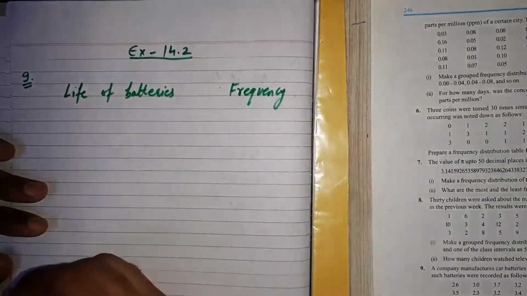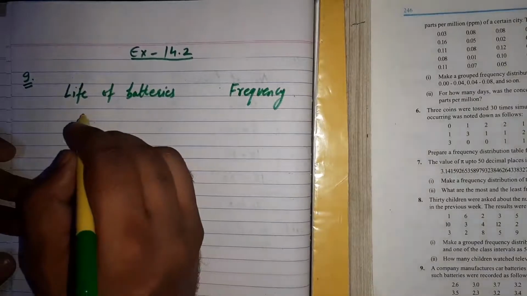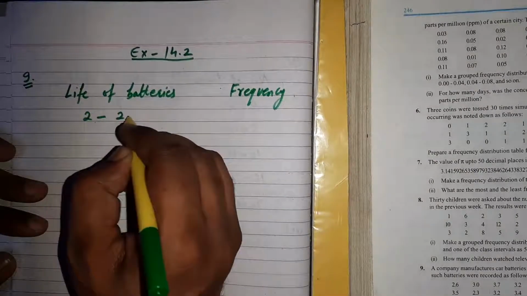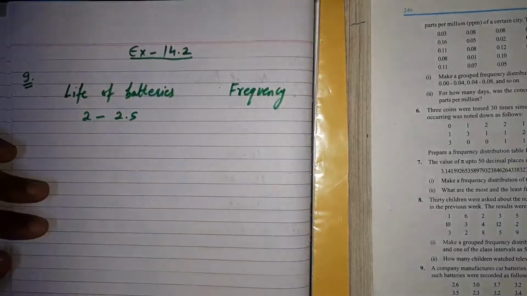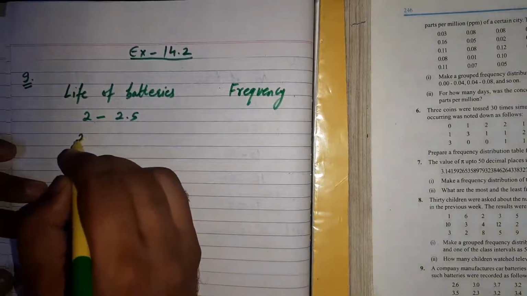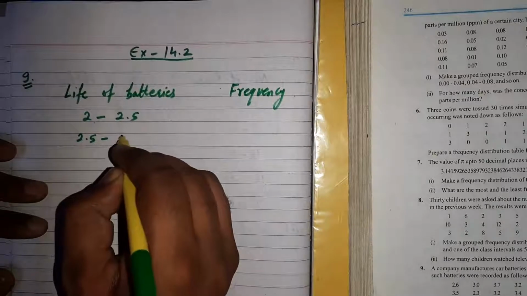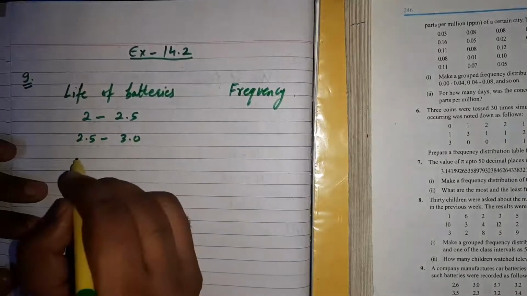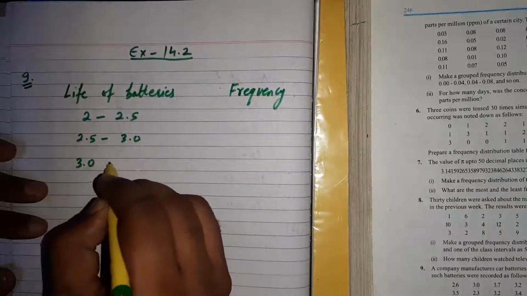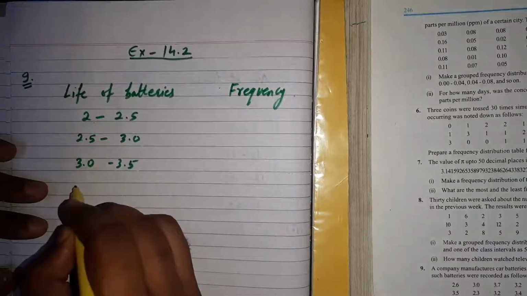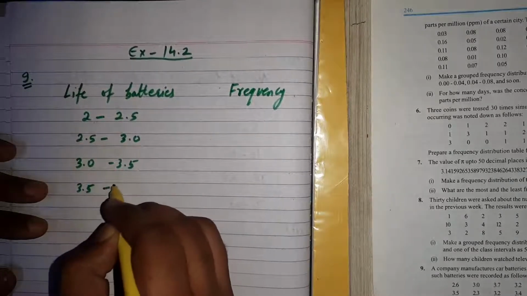The first class interval we will take 2 to 2.5. The class size is 0.5, so the next class interval will be 2.5 to 3, the next class interval 3 to 3.5, the next class interval 3.5 to 4.